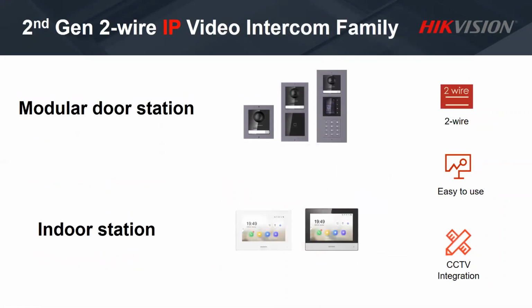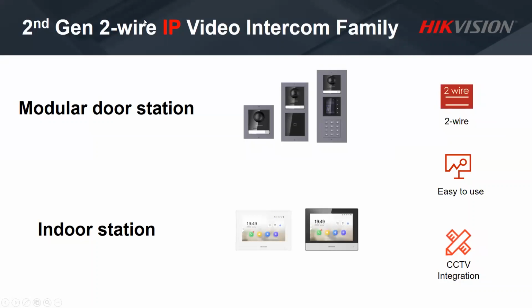Then the second system in our second generation intercom is the two-wire IP system. As the name shows, we can use two wires to connect the devices and also for the power. But it can also give you some IP functionalities.